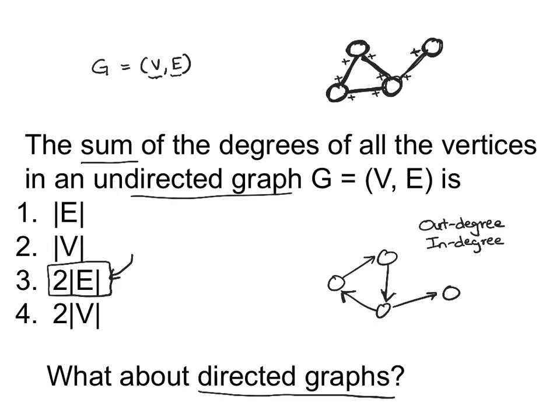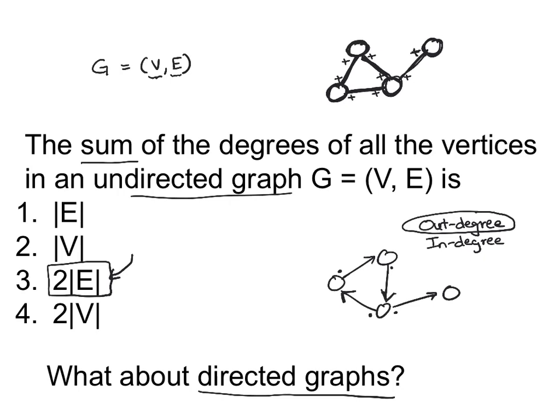So what do we get if we added the out degrees of all the vertices in a directed graph? Well, if we added all the out degrees for this simple graph, we would get a 1, 2, 3, and 4. There are 4 edges in this graph, and we also got a value of 4 for the sum of the out degrees, and that's because when we are adding up the out degrees, we are actually counting each edge once.